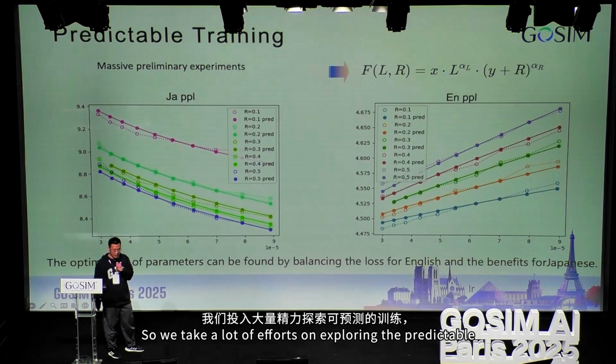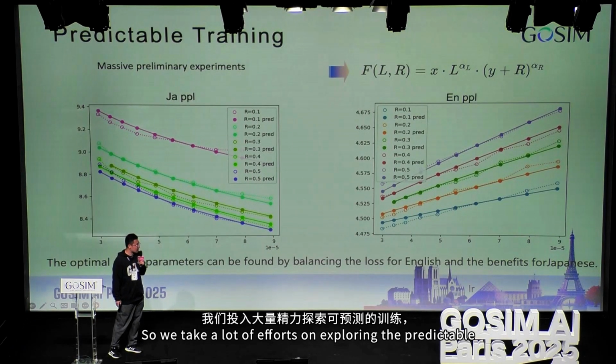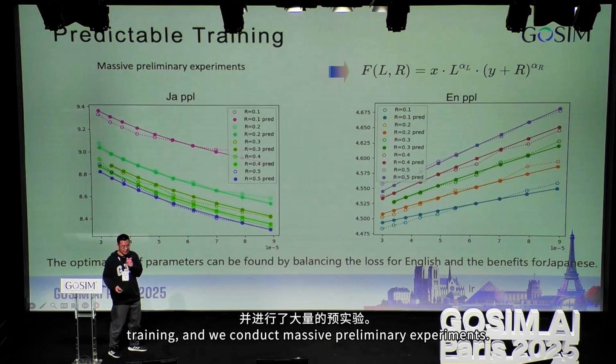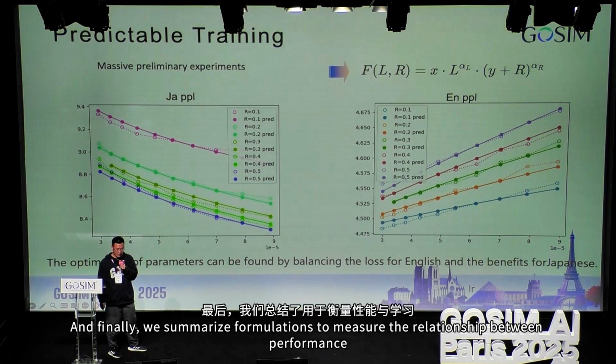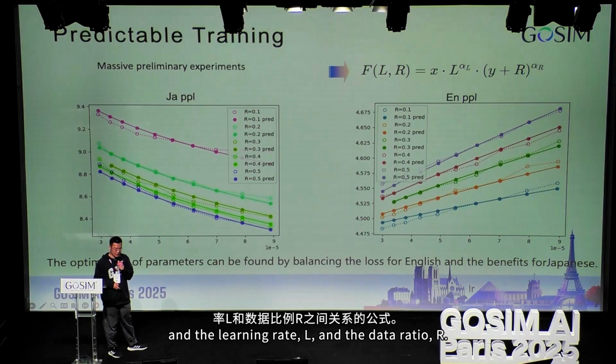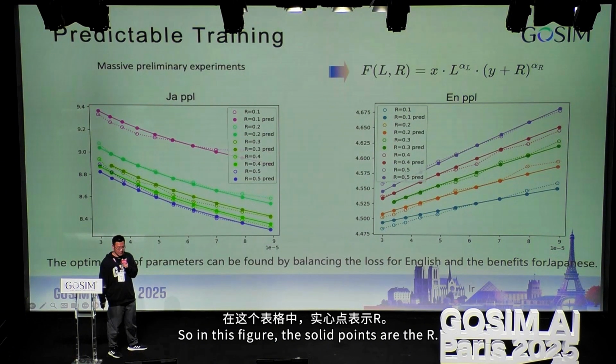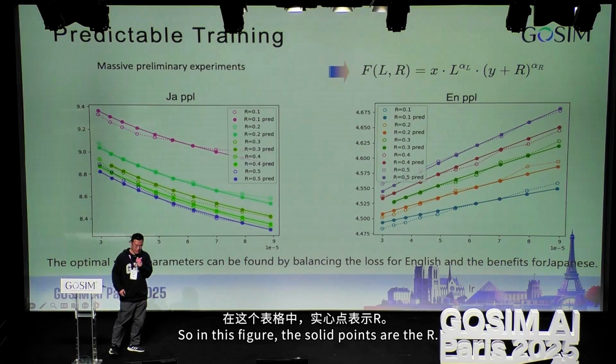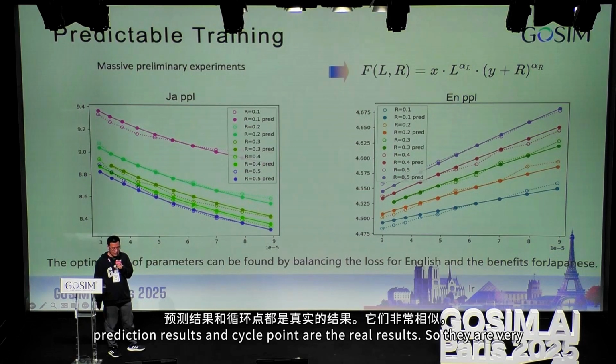So we put a lot of effort into exploring predictable training, and we conducted massive preliminary experiments. And finally, we summarized a formulation to measure the relationship between performance and the learning rate L and the data ratio R. In this figure, the solid points are prediction results, and the circle points are the real results.